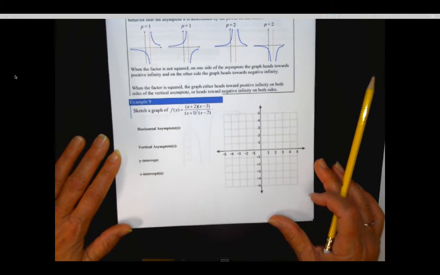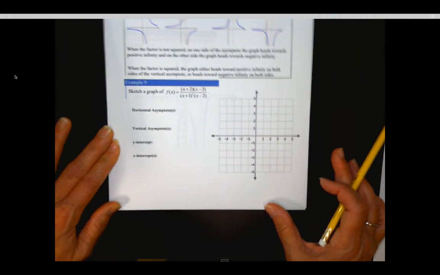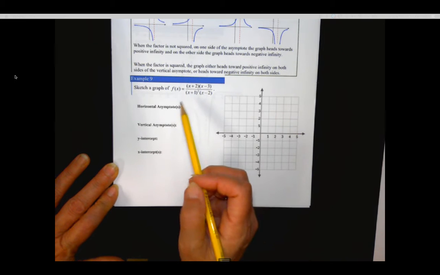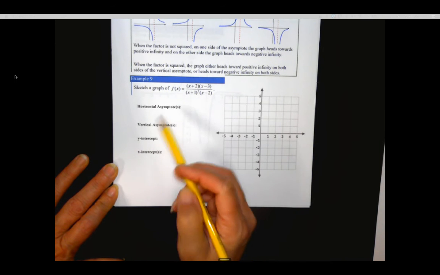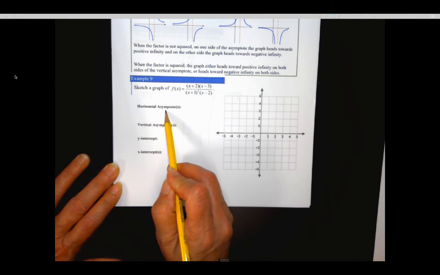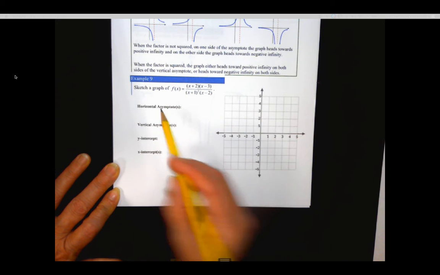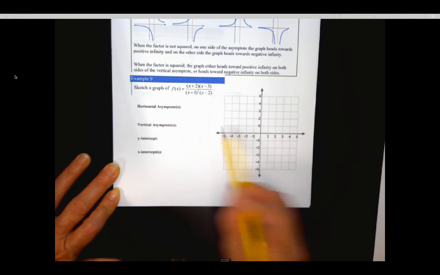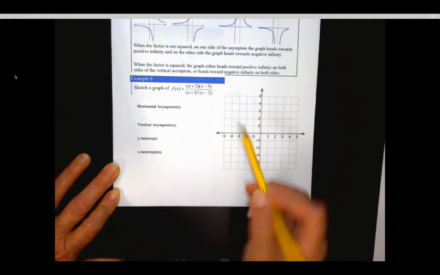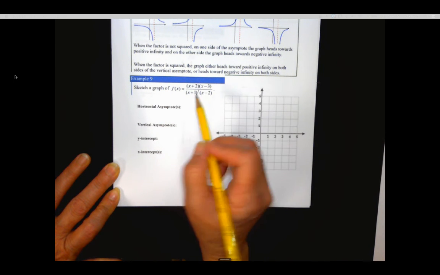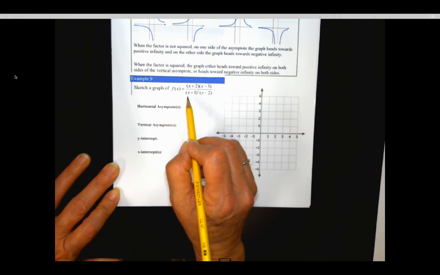All right, so when we're going to sketch the graph of a rational function, what we want to do is identify these particular points. So I want to find any horizontal asymptotes. The horizontal asymptotes are where we had the conditions, and so I need to look at the power of the numerator compared to the power of the denominator.